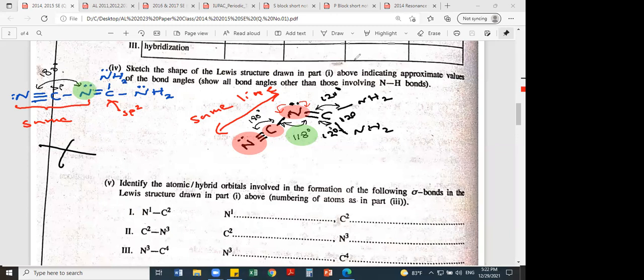Then next one, part 5. I'll erase this. Wait, one more thing. They ask here, I'll mark again. This is sp. The next question is based on hybridization: N1, N2, N3. What is N1 here? Unless you might have forgotten. I got here 1.